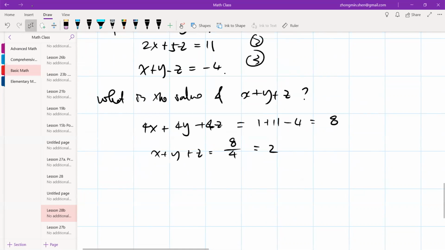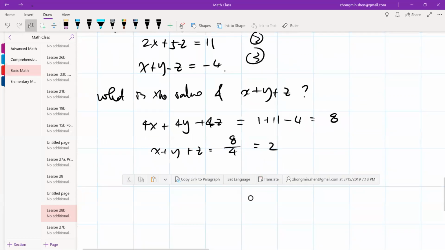All right, so those are called linear equations, and our next topic is to focus on inequalities. How do you solve an inequality? It's a similar way. The only thing to be careful about is that when you divide an inequality by a negative number, you have to reverse the order of the inequality.